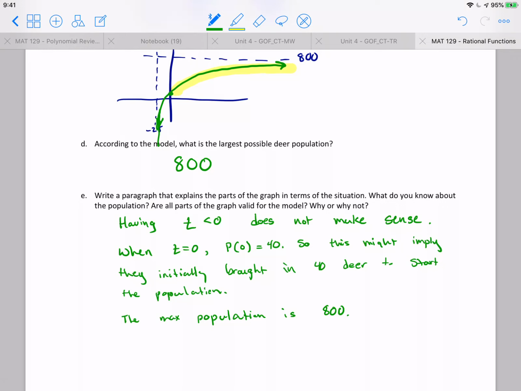So you might see that term. It's used in biology a lot of times. So in this environmental setting of this game reserve, the carrying capacity maxes out at 800. So, all right, there you go. So 2 quick examples. I hope that's helpful, and kind of covers most of our content right there.